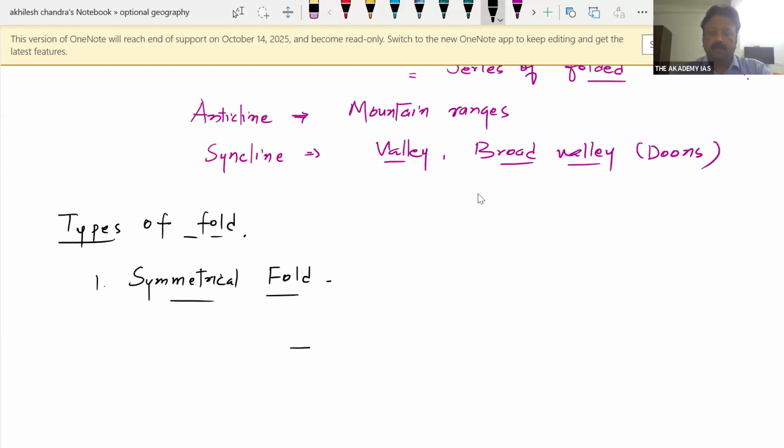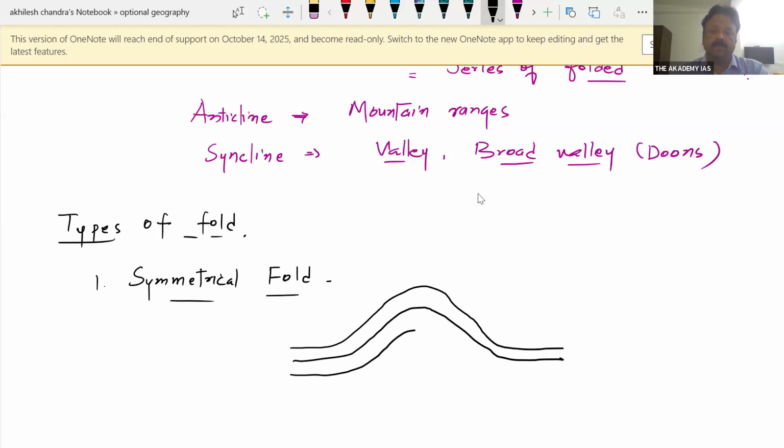When both the arms of the fold are equal, there is equal size of the arm, equal slope of the fold. You will find that the medial line is actually dividing the fold into two equal parts.